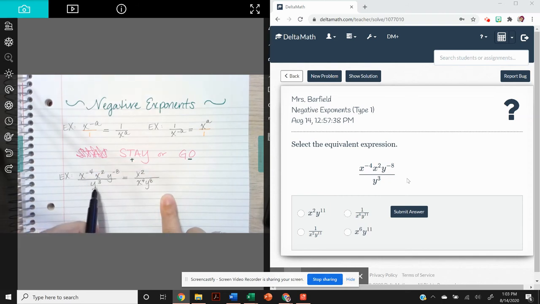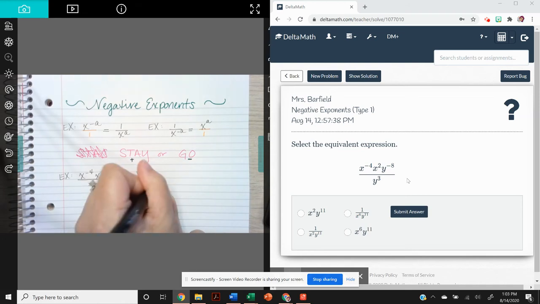Now I go to my denominator. Does it stay? Does it go? It stays. It's a positive exponent. I don't care that it's in the denominator. It's a positive exponent. It stays. There it is.